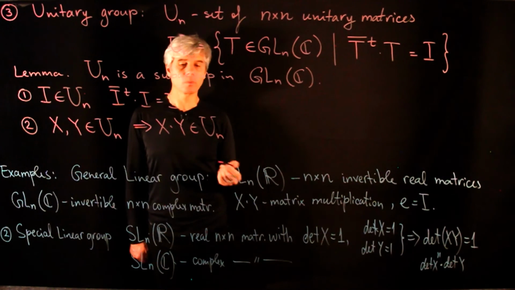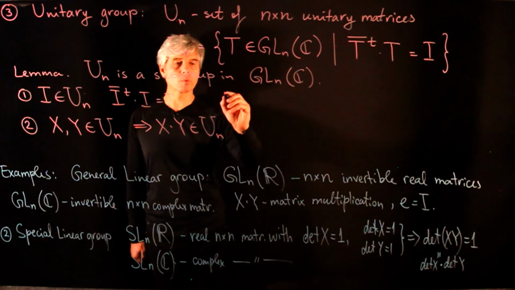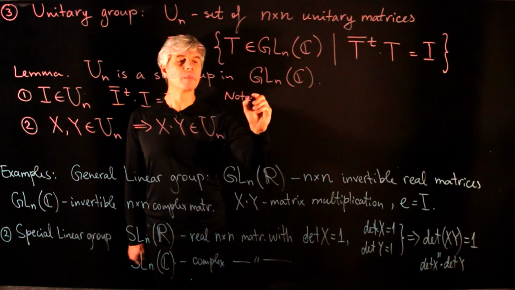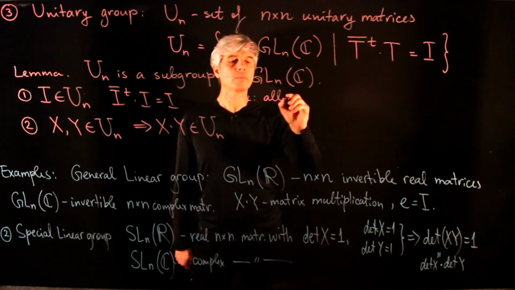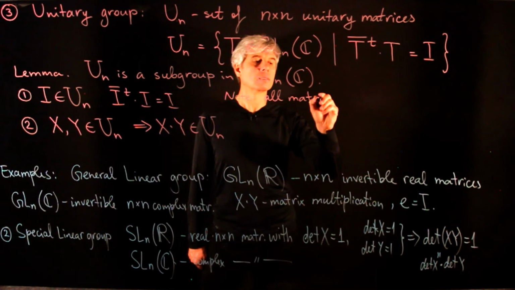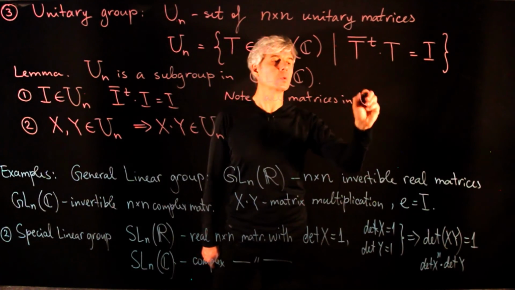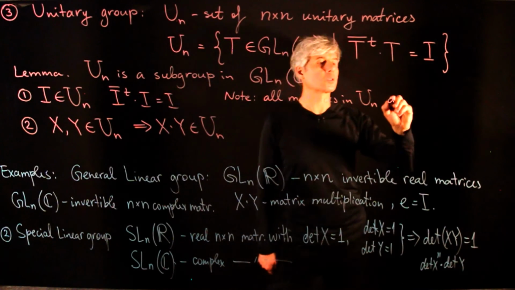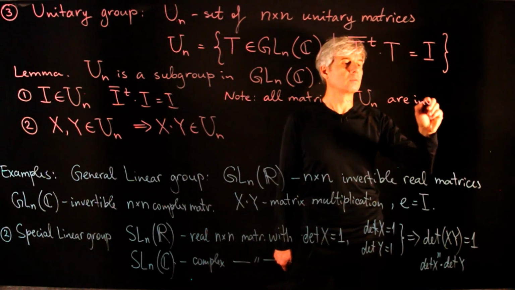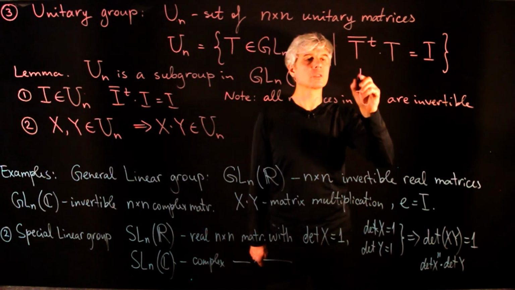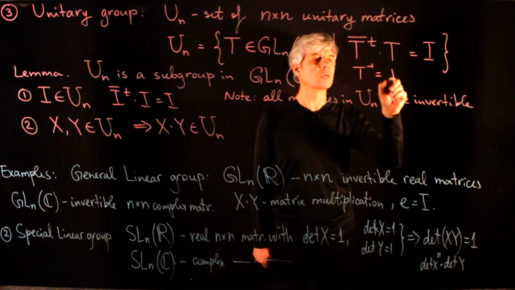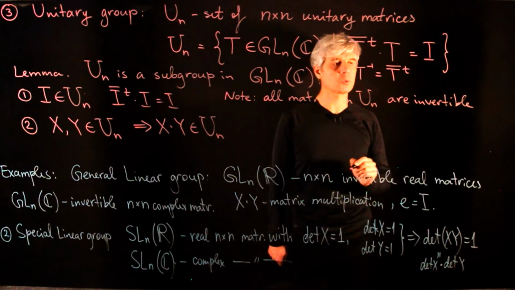By the way, we note that all matrices in UN are invertible, because from this definition it just follows that T inverse is equal to T bar transpose.